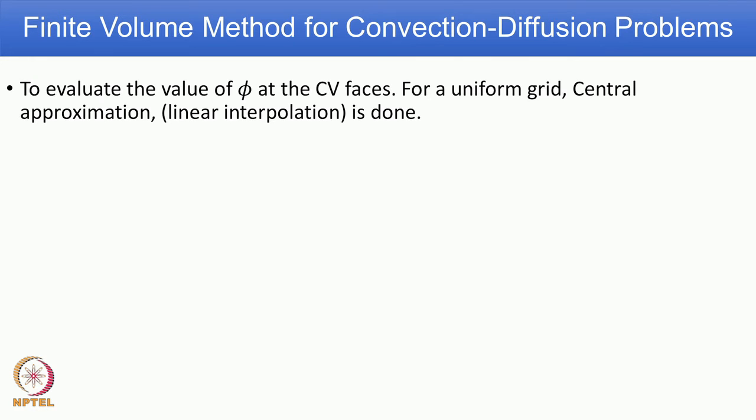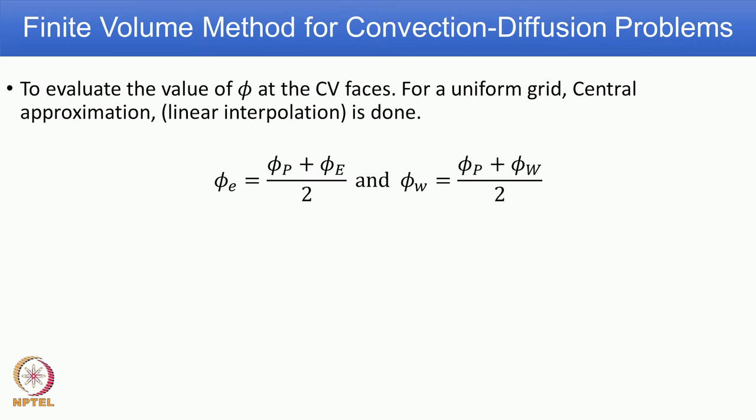We have an additional term, that is the variable phi itself at the control volume faces. So, for a uniform grid arrangement, again a linear type of interpolation can be used. So, phi defined at the east face is evaluated from phi at node of interest P and phi at E. So, it is a linear approximation or central type approximation.